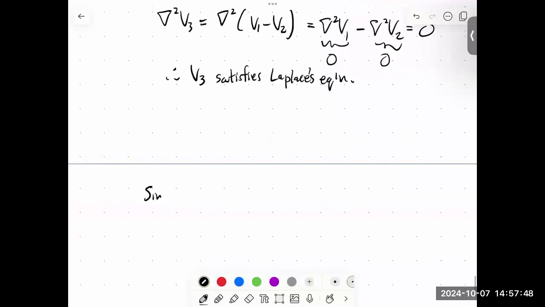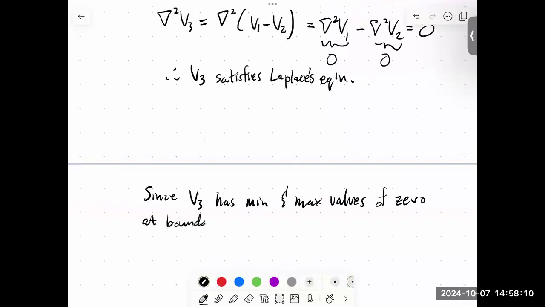Okay, so since V3 has extrema, let's say min and max values of zero at the boundary, property one, or note one, requires that V3 equals zero everywhere.